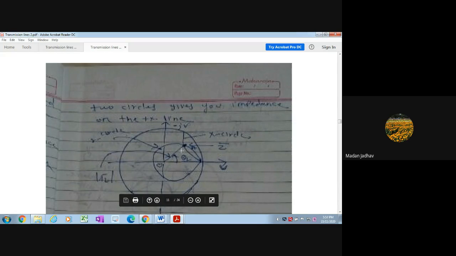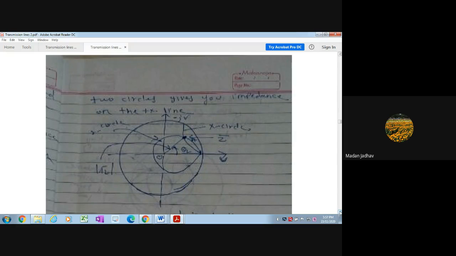Here you will get the impedance. The impedance is located on the Smith chart, and this is theta L, the angle of the reflection coefficient at a particular location. At a particular location there is some reflection coefficient, and for that reflection coefficient there is some angle, which is this theta L.